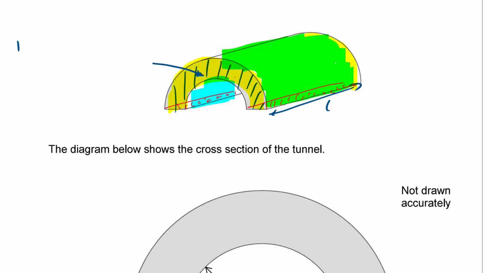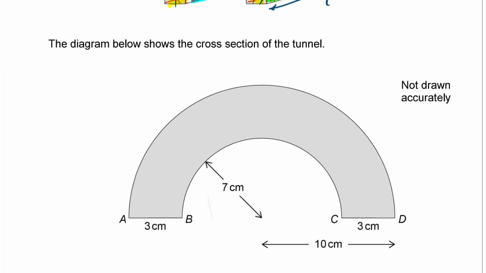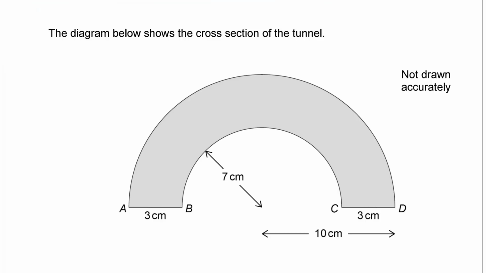So it's going to be half of the big circle, which I'm going to get with pi r1 squared, take away the smaller circle in the middle, pi r2 squared, which is going to be half of, well, the bigger radius is this one here, 10, and the smaller radius is this one, 7.